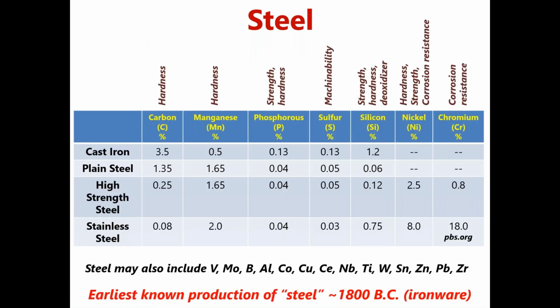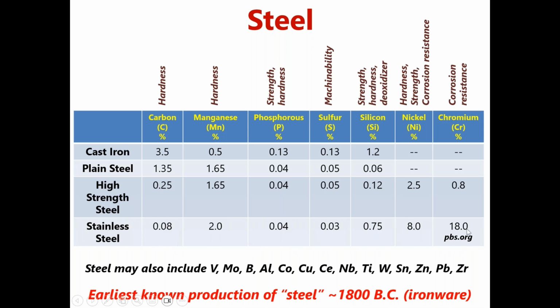I briefly mentioned that there are other elements that you can add to the iron to make steel, different types of steel, and depending on the element you're adding and how much, it gives you a kind of a different flavor of steel. So here's just a really brief delineation of the different types of steel. For example, cast iron or plain steel, high strength steel, stainless steel, and the different elements that you see are added to the iron in different proportions to give different physical and chemical properties to the steel.